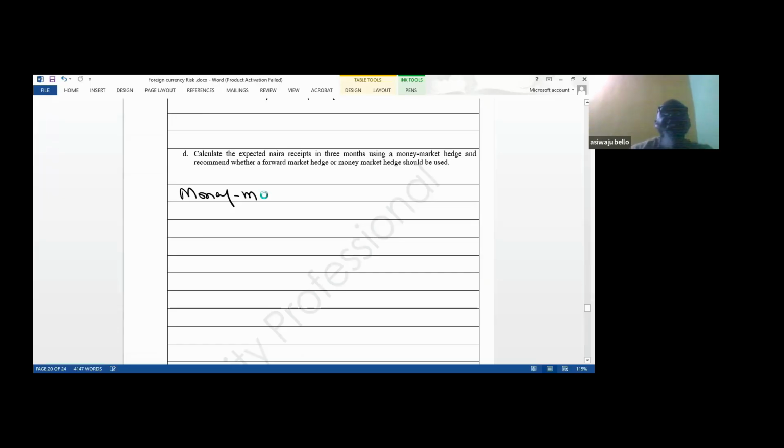Money market hedge for 3 months expected receipts. Central dollar, $6 million. We now move to step 1.